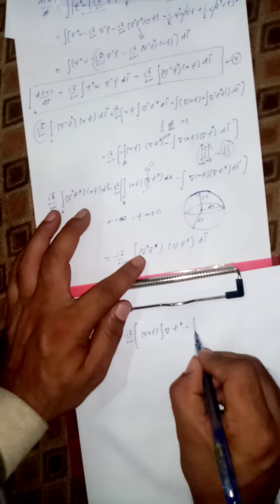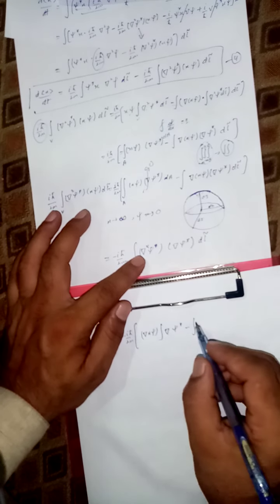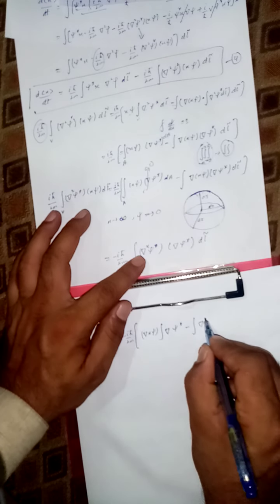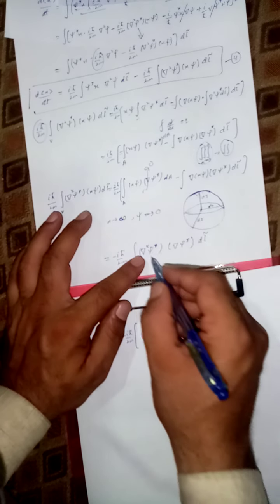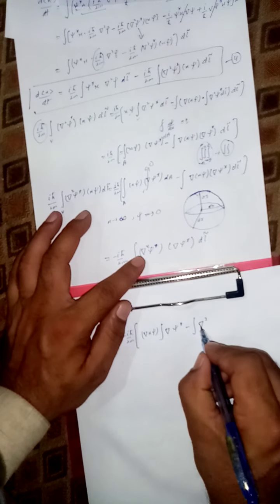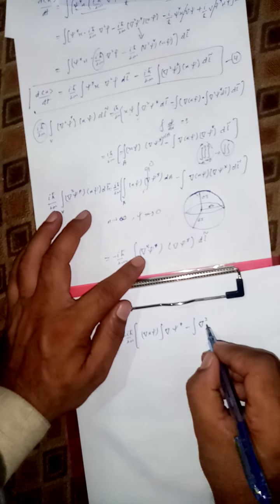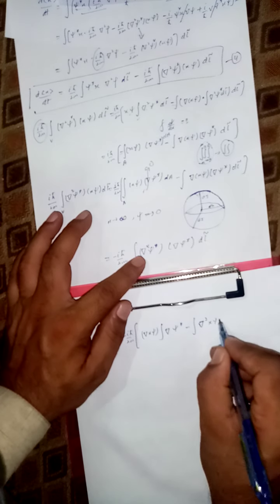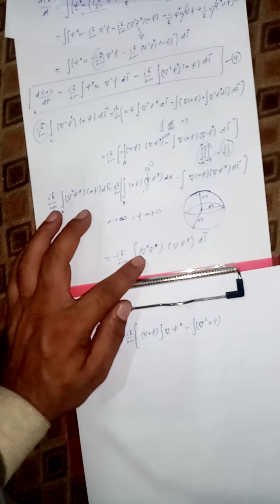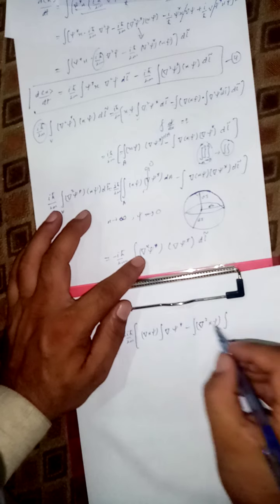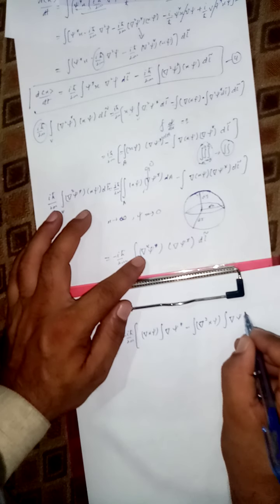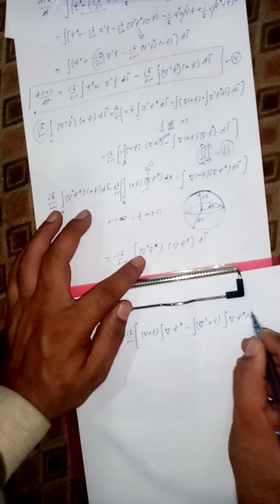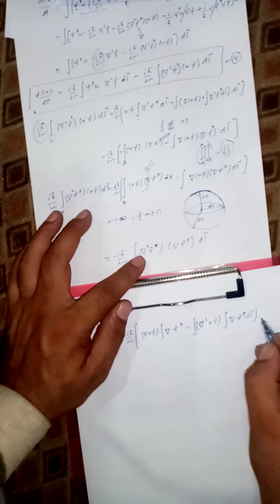Then we have minus the integral of the differential of the first, which is del square x psi, because del x psi is already there, and we have another differential, which is del square x psi. And we have the integral of the second, which is del psi star d tau.